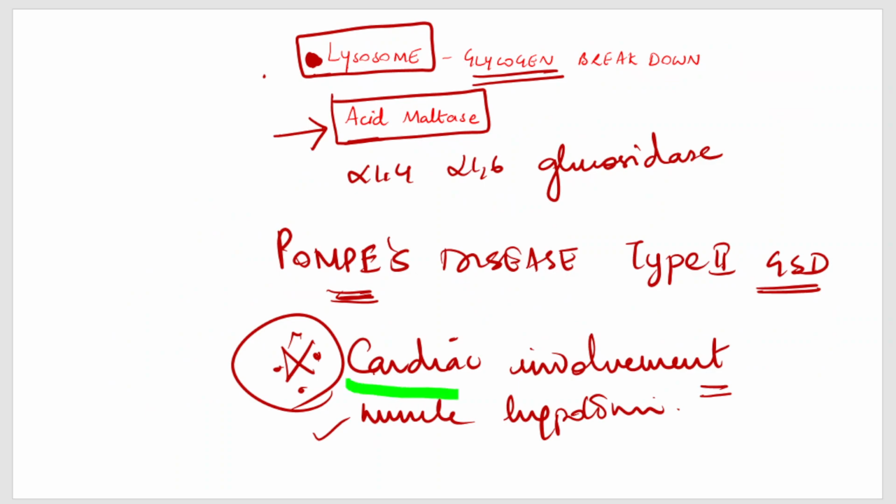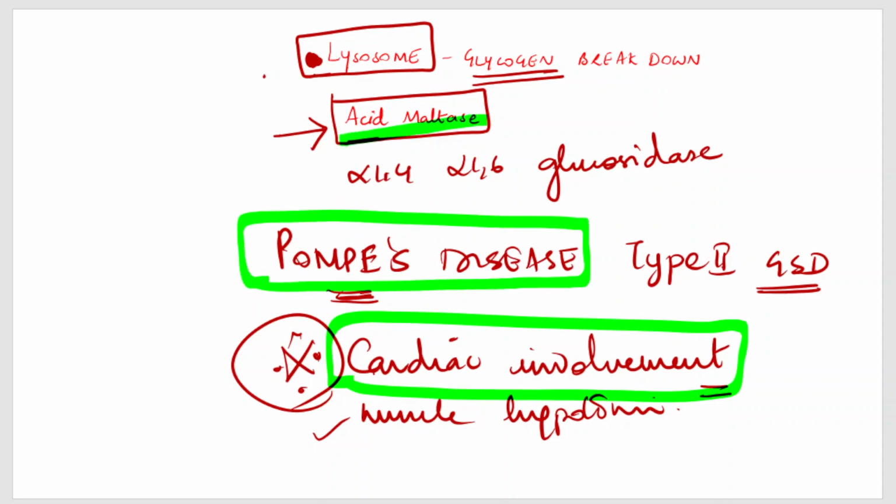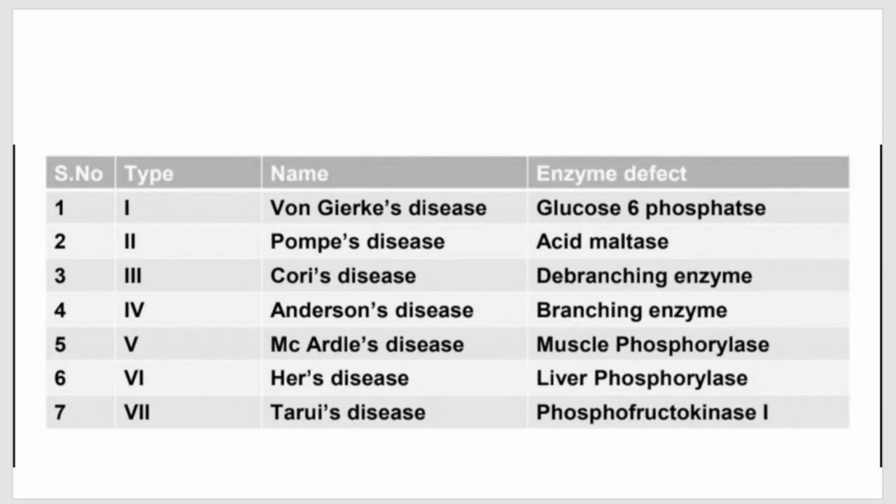The glycogen storage disease which causes cardiac involvement is Pompe's disease, which is a lysosomal storage disease due to defective acid maltase enzyme present in the lysosome. Right? So these are the various glycogen storage diseases and their enzyme deficiencies and features.